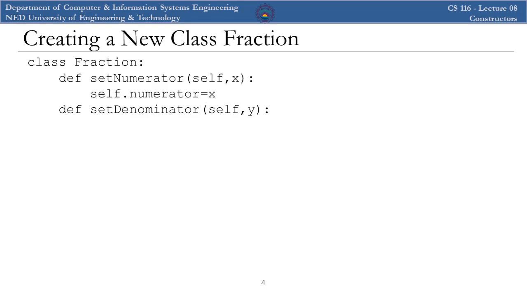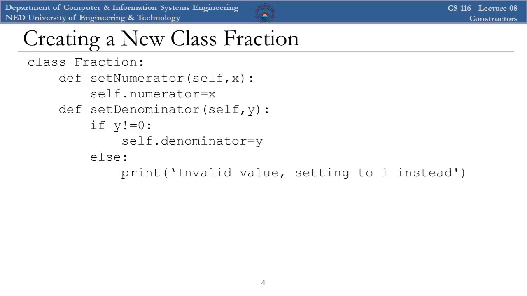So what I'm doing here is I'm putting a check that if the user passes a 0 for y, then we'll display an error message, and then we'll set that denominator to some default value. So if y is not equal to 0, then I'll do the regular assignment, like I'll assign y to my instance variable self.denominator.